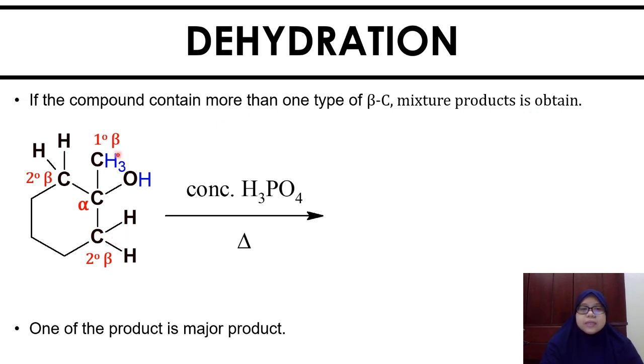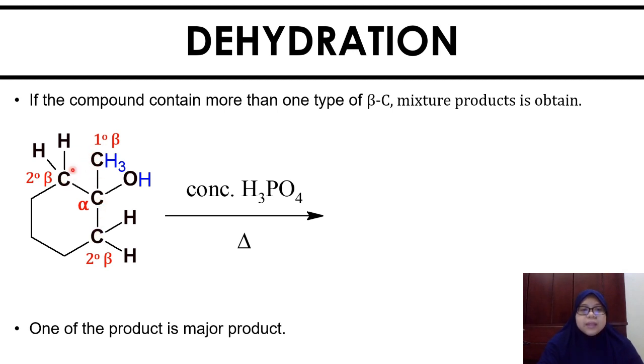So let's say for this example, we have 1-methyl-cyclohexanol. Here our alpha carbon is here, and we have three carbons attached to the alpha carbon.